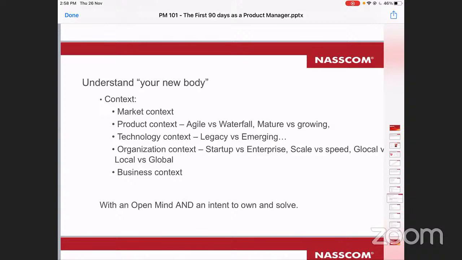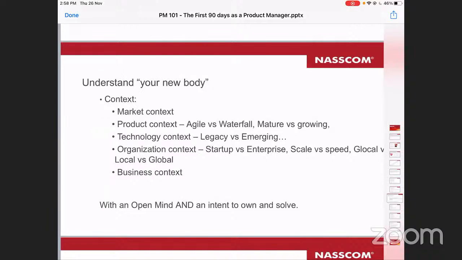Technology context, very key. While product managers may not be expected to do technology-related coding activity, understanding what technology the product is being built in is super critical. I think you must have heard this in every episode from every product manager, especially in the tech space.